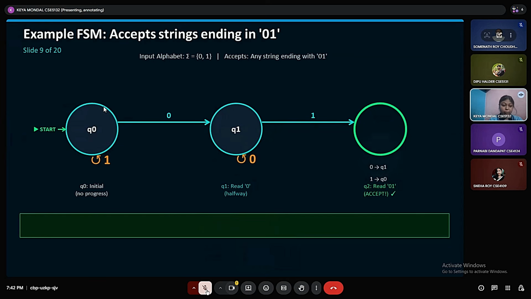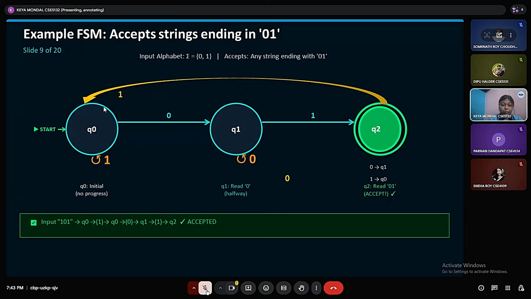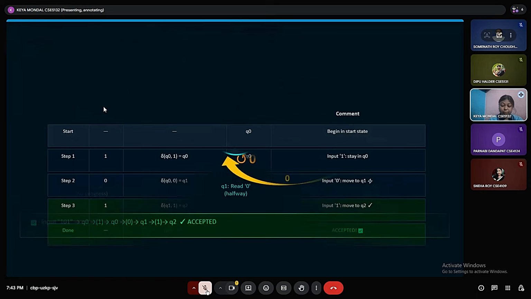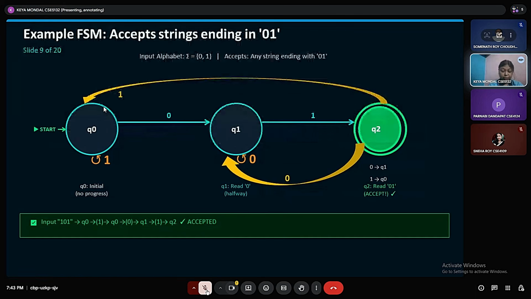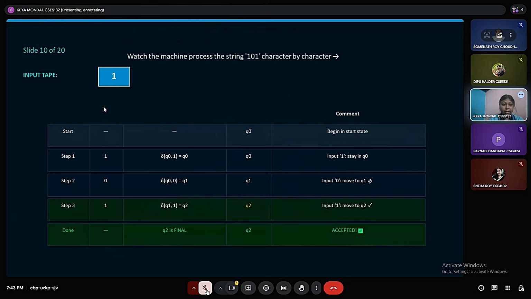It has a self loop on 1, and on 0 it goes to q1, and after input 1 it goes to q2, and then it is accepted. From q2, input 1 goes to q0, and q2 with input 0 goes to q1.